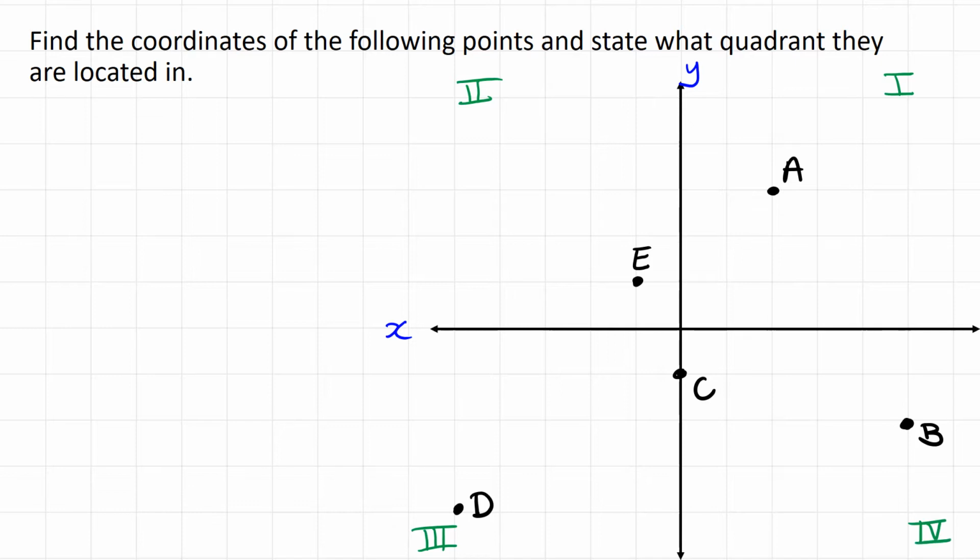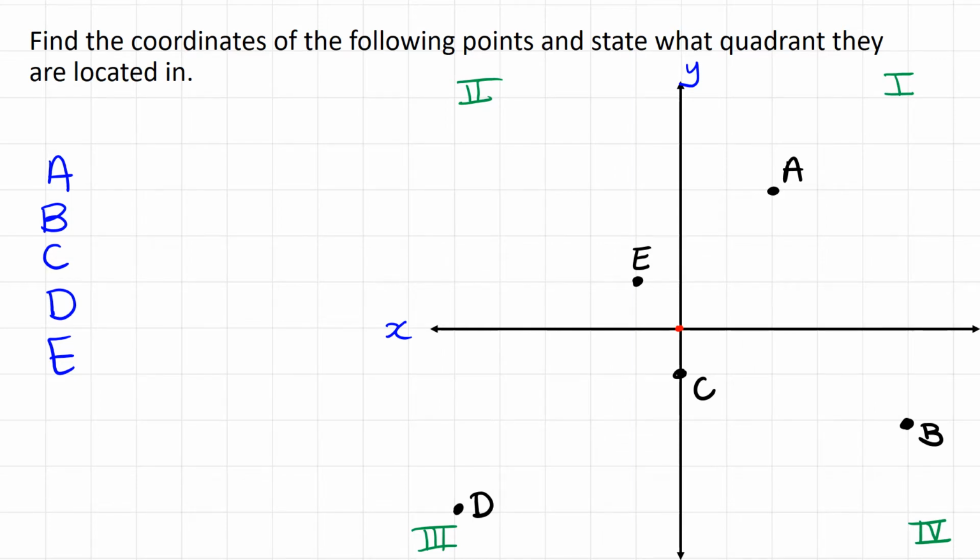So now that we have our basic information down, let's figure out our first point, which is point A. I'm just going to write A, B, C, D, and E because these are the coordinates I need to figure out. All right, let's start with A. We're always going to start at the origin, which is where the x and y axes cross.